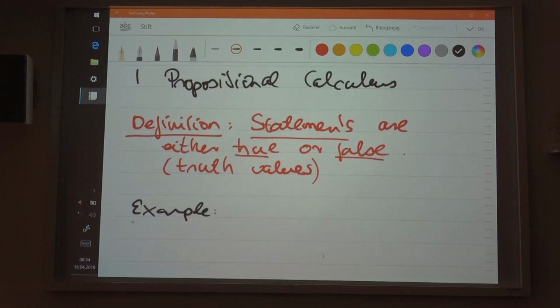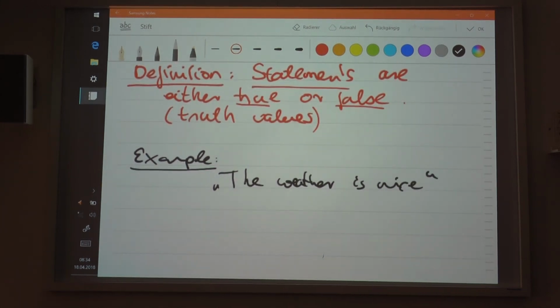For instance, if you say something like the weather is nice, which might actually be true, then this sentence does not constitute a statement in this setting.